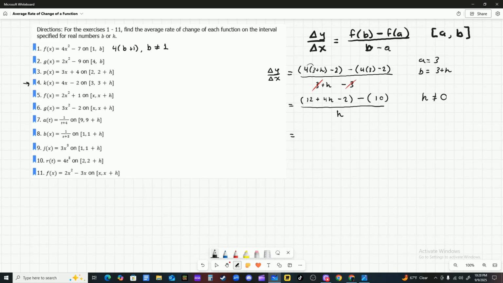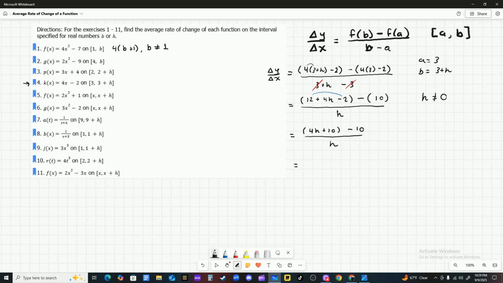Well, from here, I see that 12 minus 2 is 10. So I'm going to rewrite the top as 4h plus 10. Okay? I just swapped the positions. You can do that with addition because addition is commutative. And we have minus 10 divided by h.